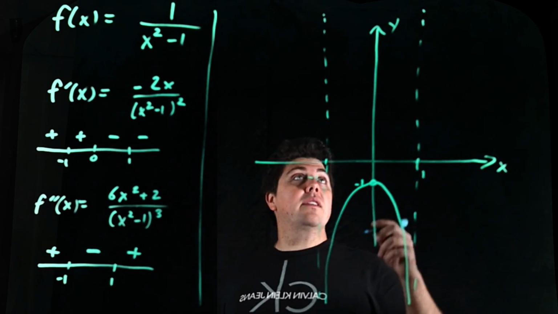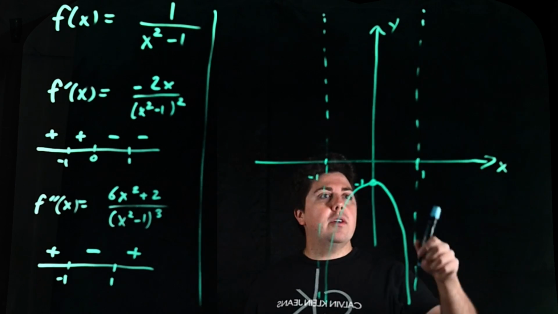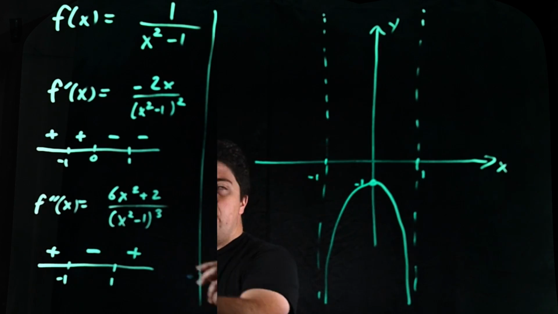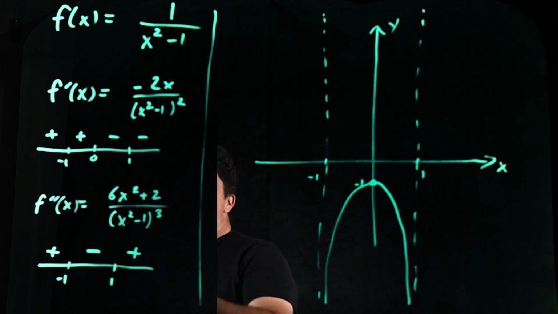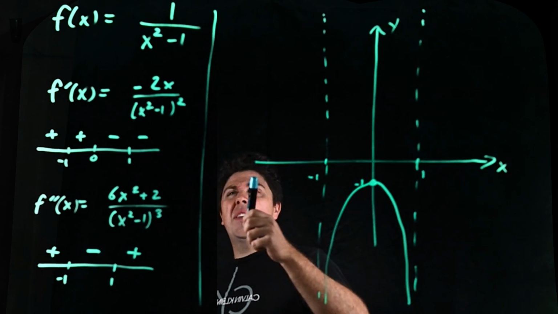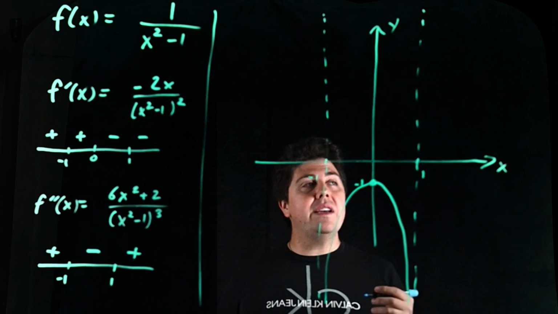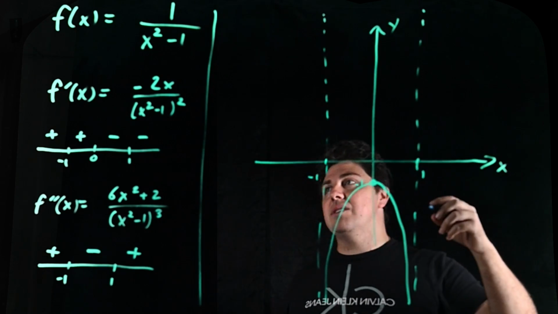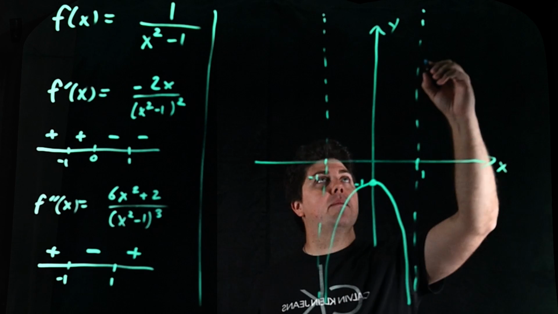So now, let's talk about what happens on this side. Well, past 1, the function is concave up, so it's going to have to scoop up one way or another. The function is decreasing, and the limit as x goes to infinity is 0. So it has to decrease down to 0, and since it's increasing and there's a vertical asymptote here, it has to come down from infinity.